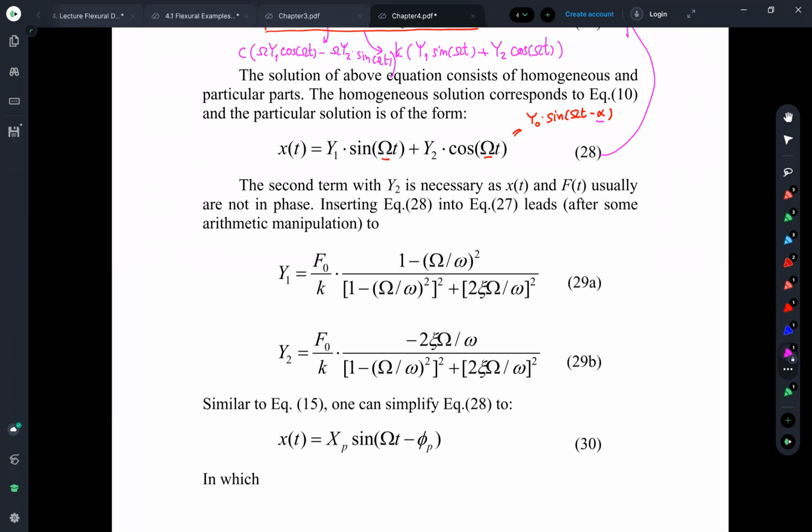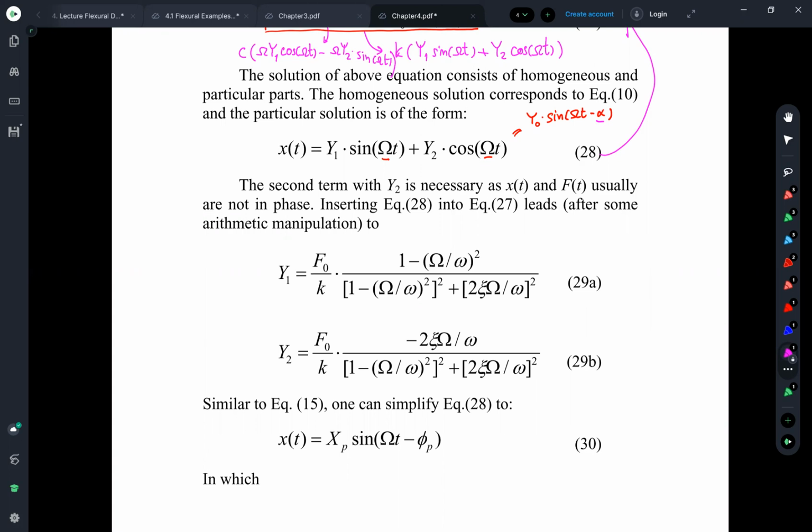So the form of equation number 30 is more natural, and more practical for engineers to apply. Therefore, most of the time, we prefer 30 over 28. But I don't want to introduce 30 into 27, because it's more difficult. It's easy to take the derivative of sine and cosine terms, but if you have sine of a plus something like this, it's a little more complicated than just sine and cosine, like in 28.